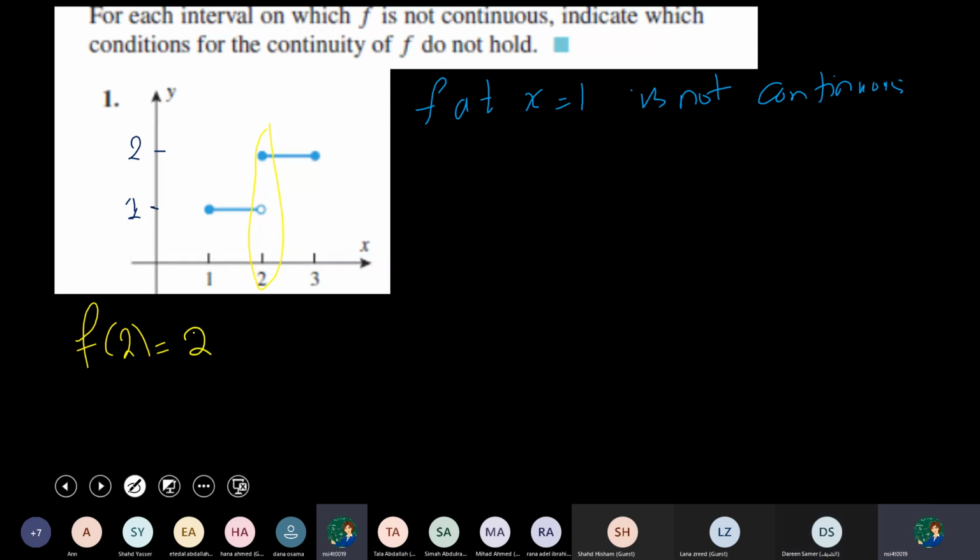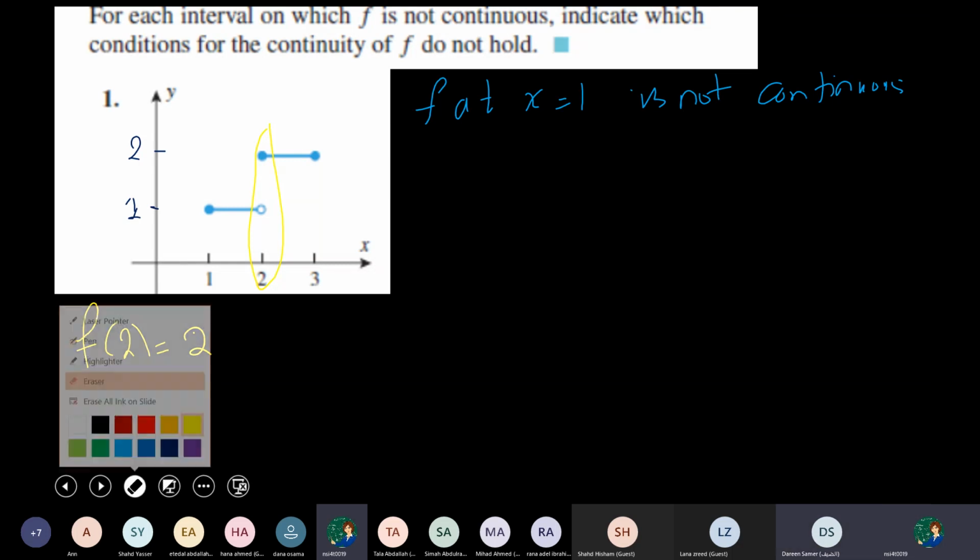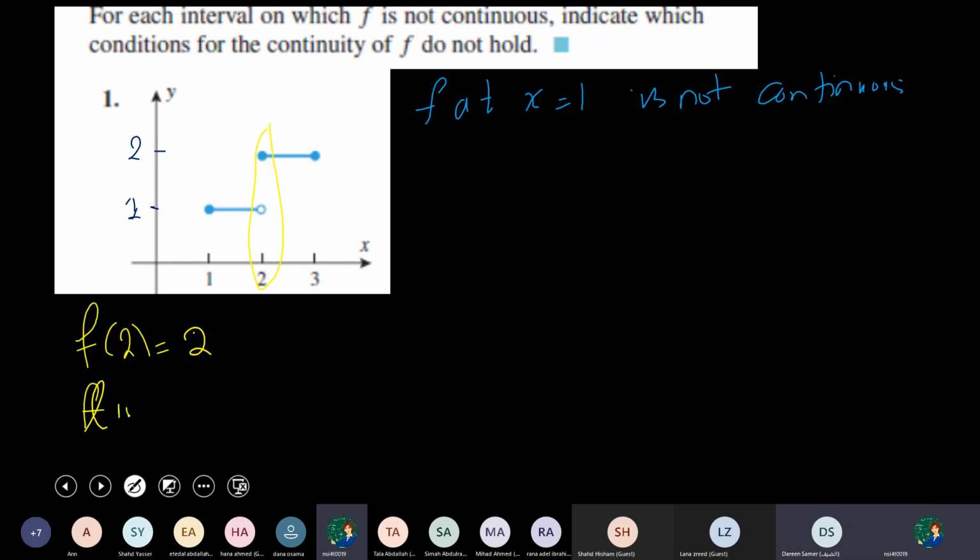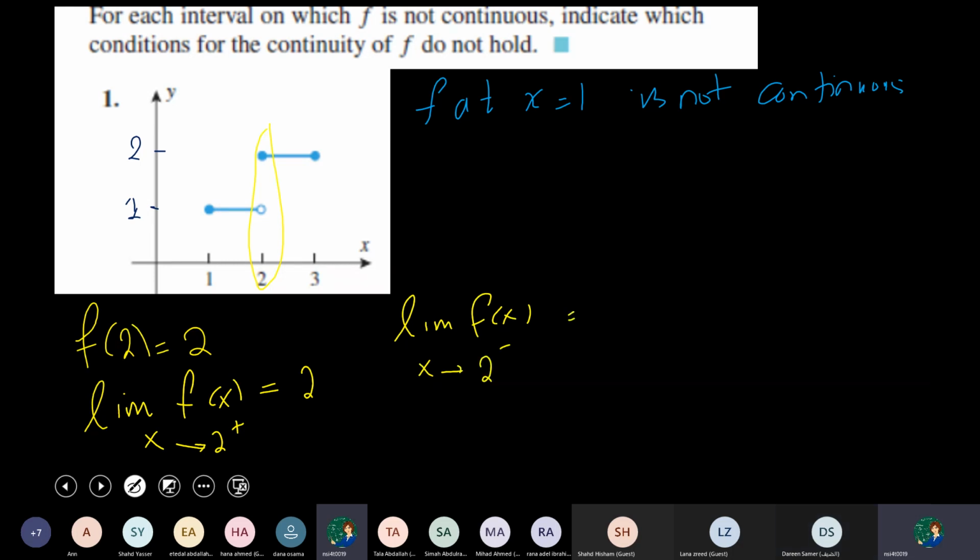Look at the closed circle. Now, limit f of x when x approaches 2, but from the right now. 2. And limit f of x when x approaches 2, but from the left. 1. Thank you.